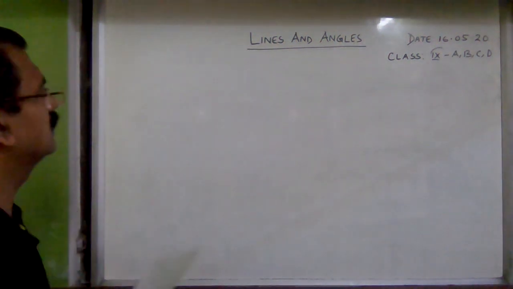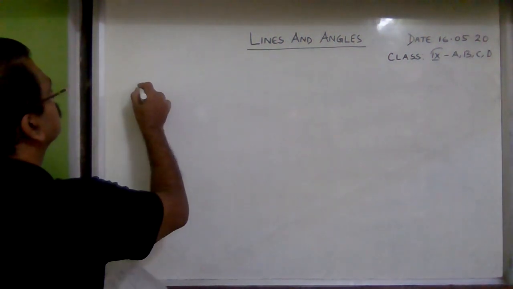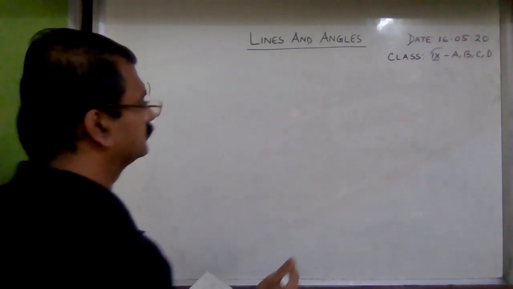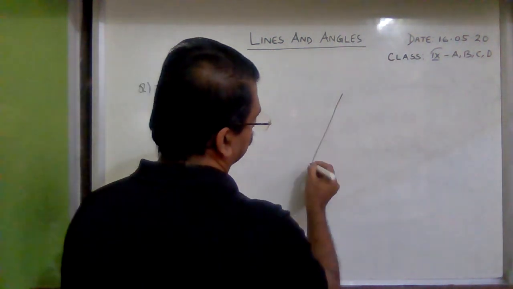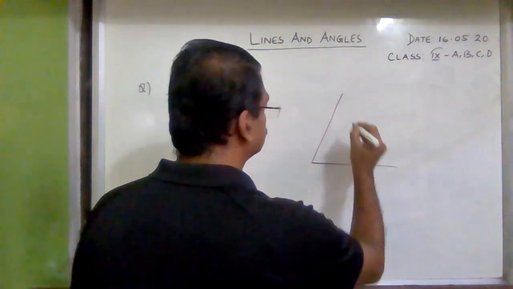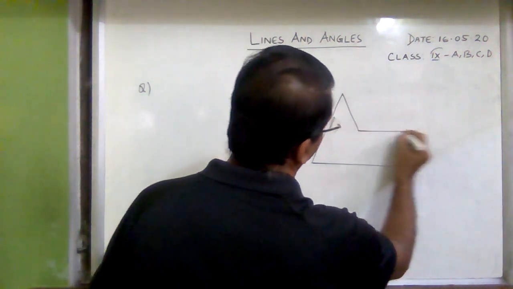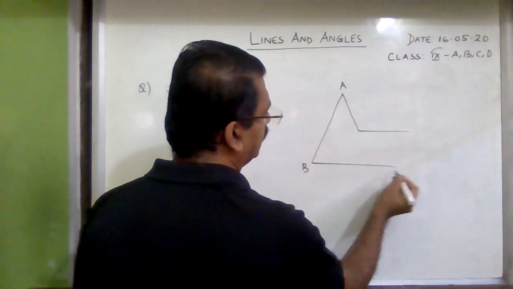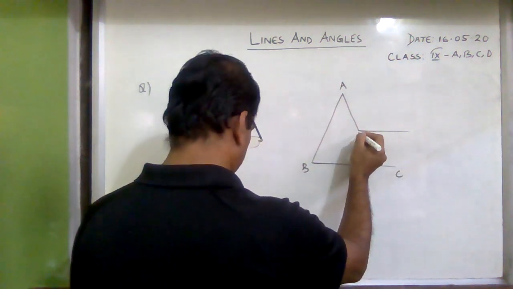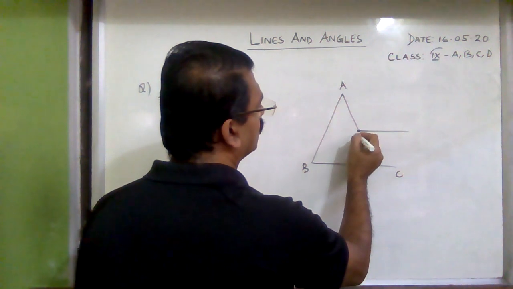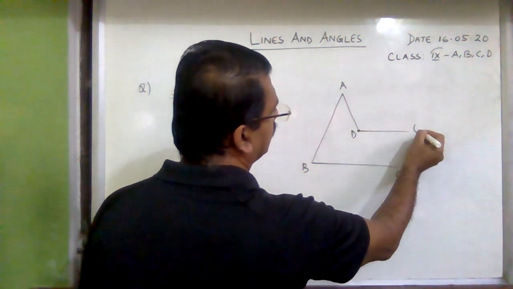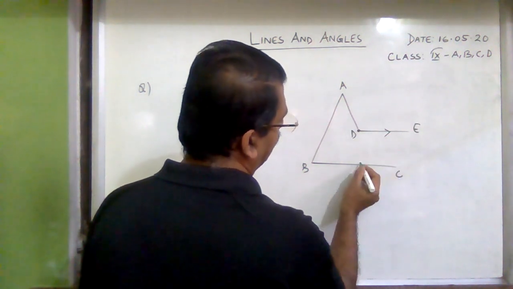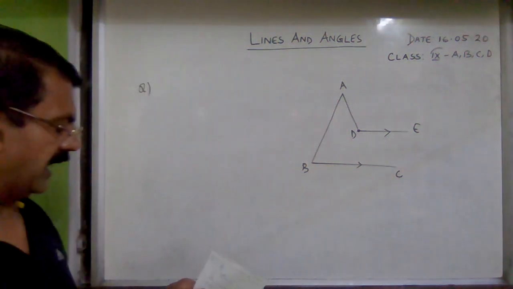Now we'll do one more question. And the question is: A, B, C, D, E, and they have given that BC and DE are parallel.